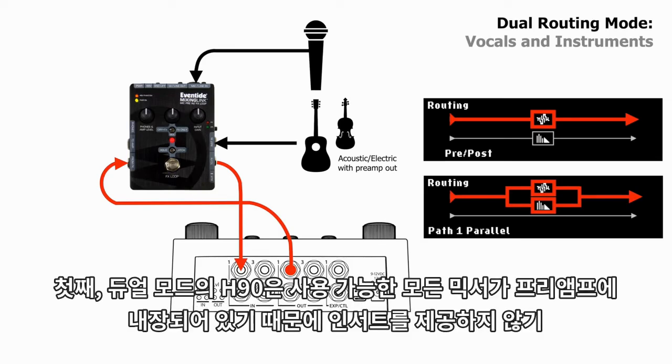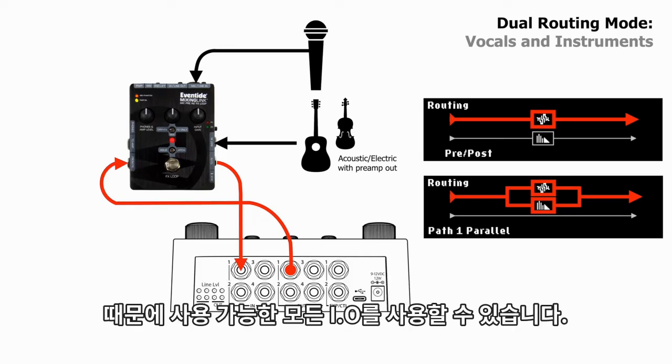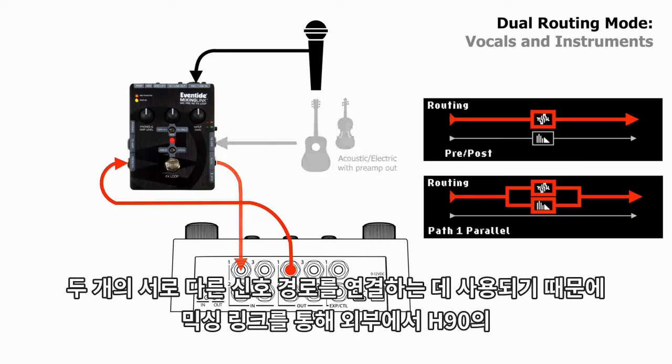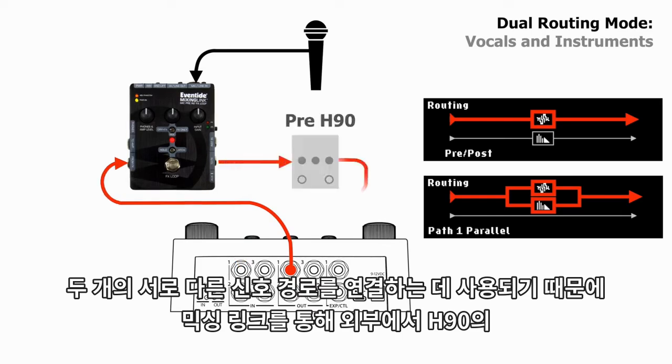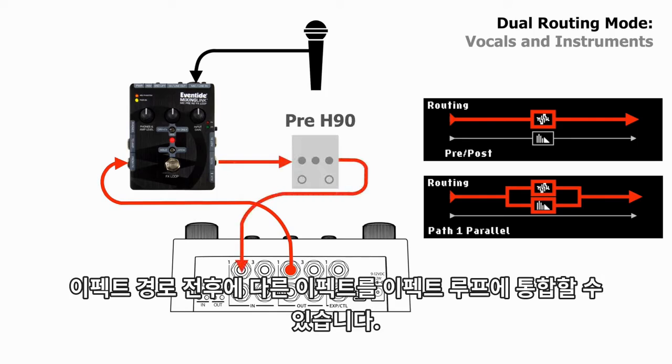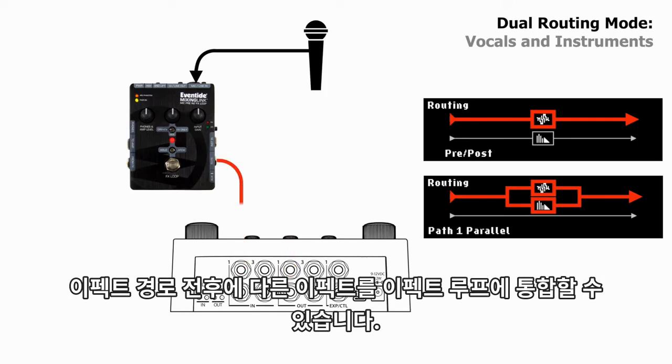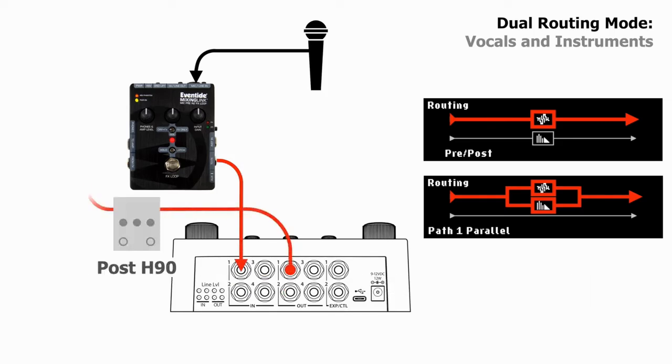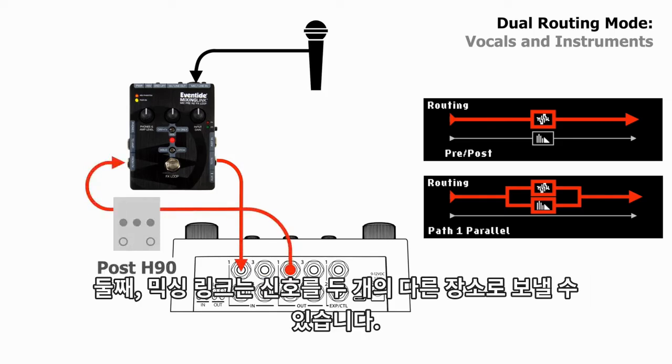First, since the H90 in dual mode does not provide inserts because all available I/O are being used to connect two distinct signal paths, the Mixing Link allows us to incorporate other effects in its effects loop before or after the H90's effect path externally. Secondly, the Mixing Link can direct signal to two different places.